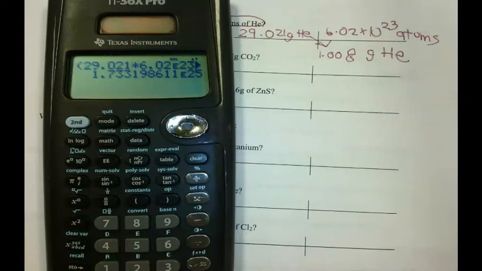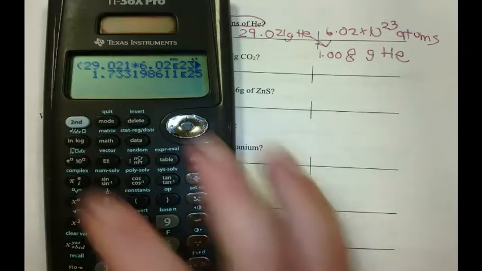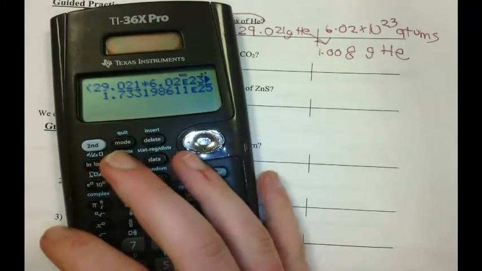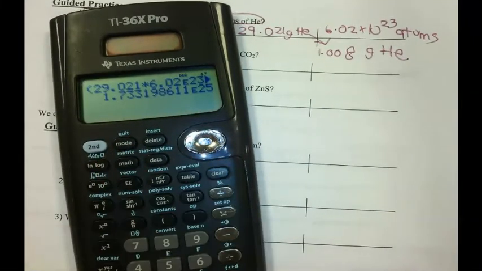So my answer is 1.73 times 10 to the 25th power. For your rounding, if you take it out to maybe 3 places, I would say you're pretty safe. So if you wanted to say 1.733, you could do that as well.